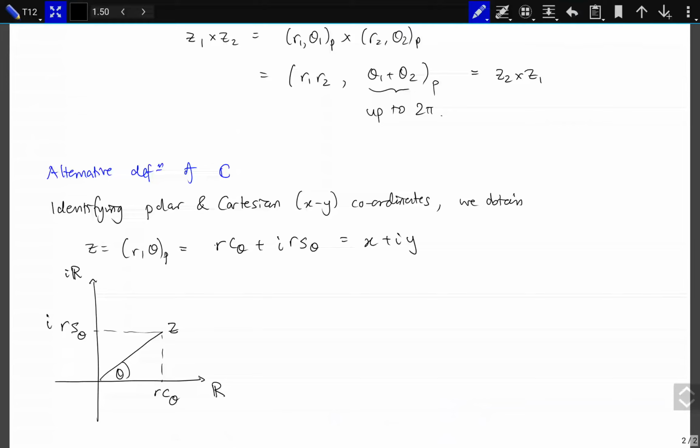Well, this is because the complex number i is rotation by 90 degrees while multiplying by 1. This i is equal to (1, pi by 2)_p. You multiply by size 1, so you don't change the size of the complex number, but you rotate everything by 90 degrees, or pi by 2, counterclockwise.